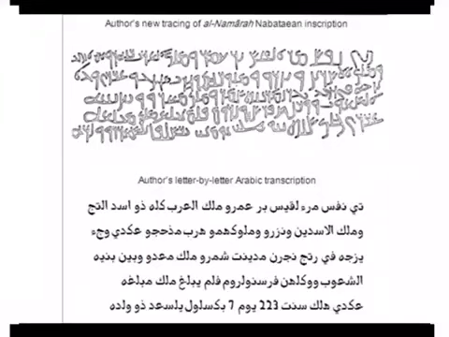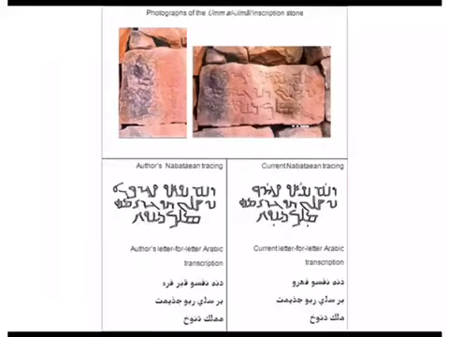Another inscription was found at An-Namara. Here you see a picture of it and the Arabic transcription of the passage. Another Nabatean inscription was found at Jamal.